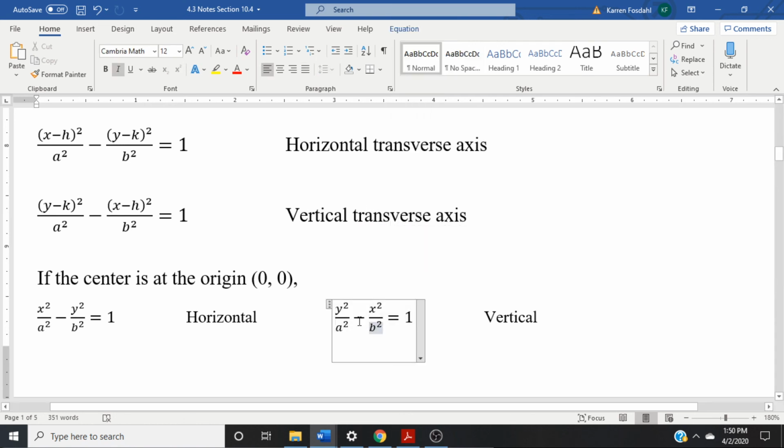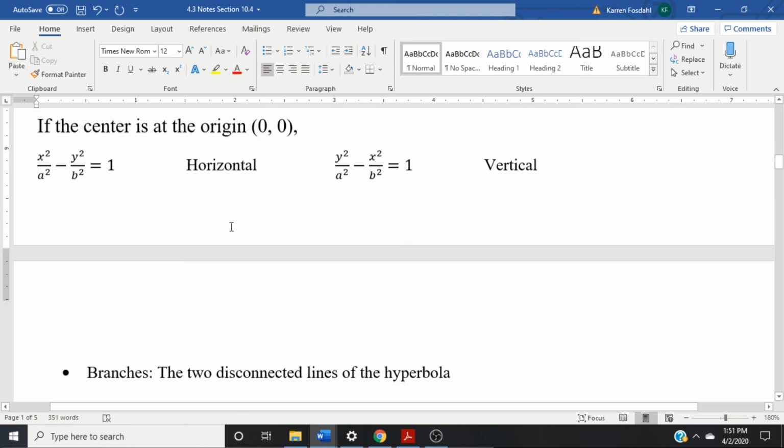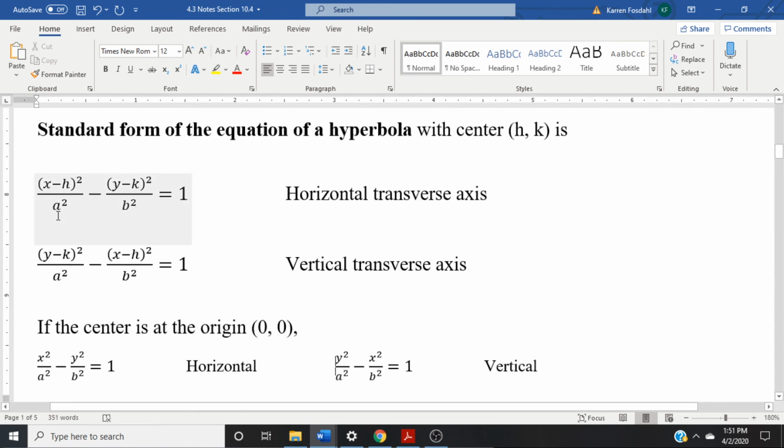So the a squared always has to be under the positive. My huge apologies, for some reason I didn't register it. So a squared is always going to be under the positive, and b squared is always going to be negative for hyperbolas.